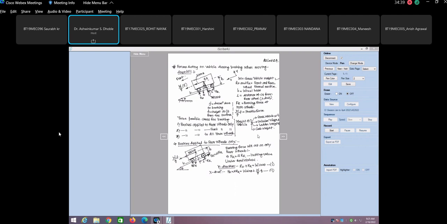Now here we have to get the expression for Rf and Rr. Okay, so our aim is to find out Rf and Rr. What are the reactions at the front and the rear wheel? So sir, taking moment of forces about front wheel contact point.